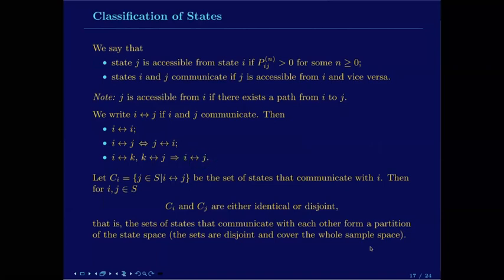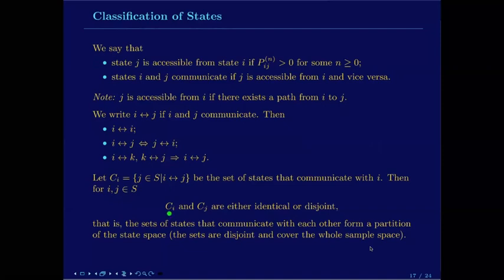Now, next, let C_i be the set of all states that communicate with state i. Then if we look at two different states i and j, their classes are either identical or disjoint.